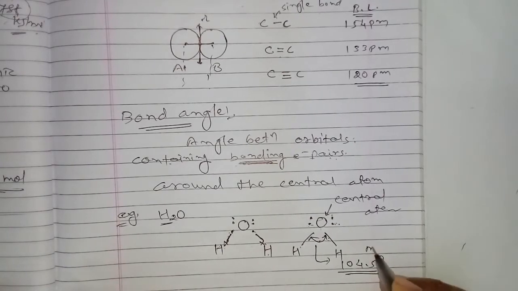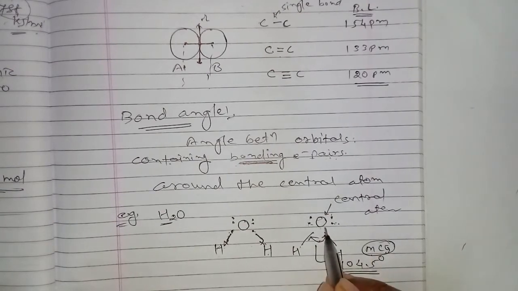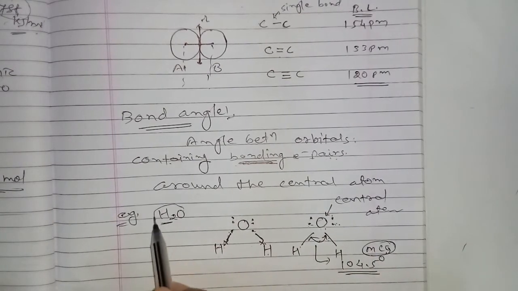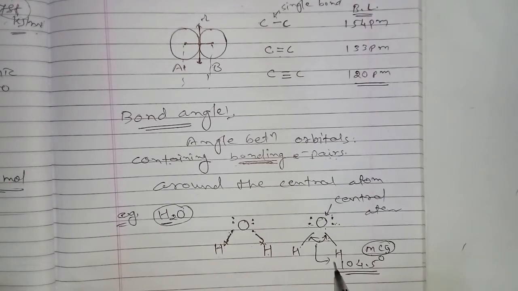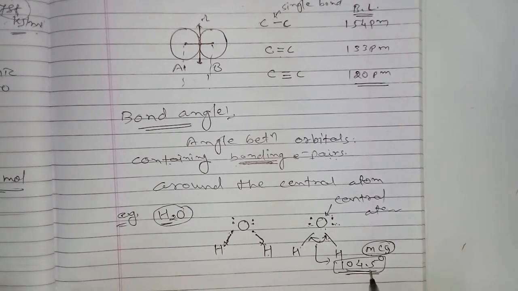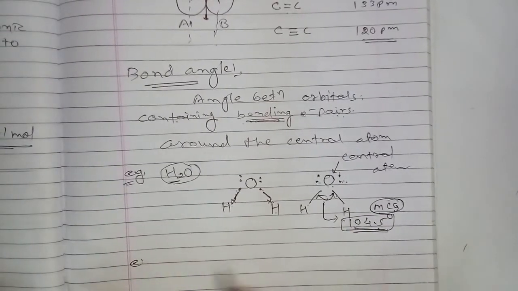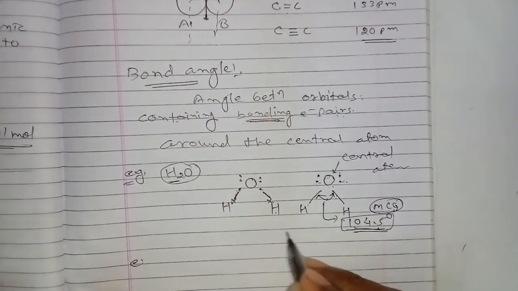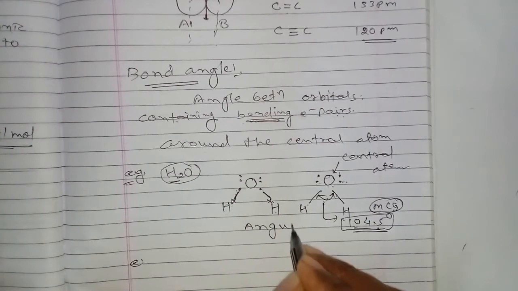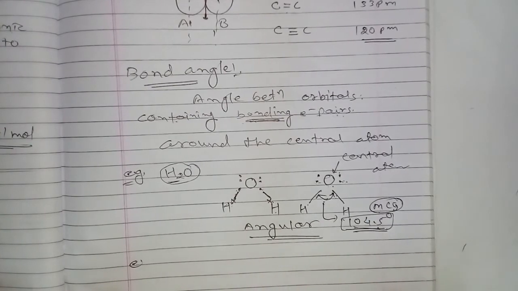Friends, this is very important for short questions or MCQ. What is the bond angle in water molecule? Its value is 104.5 degree, and its shape is angular shape.